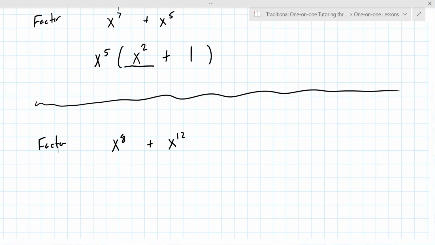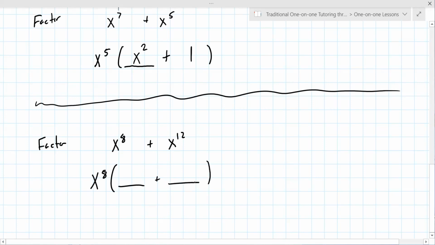Okay, it's 4. What goes in this position? There are 2 positions here. What do you multiply something by to get itself? 1.